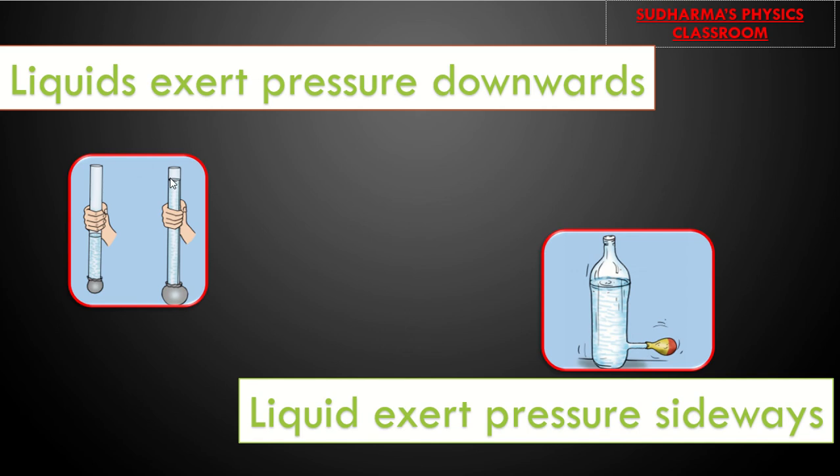Here the height of the water column is more, so the balloon is at a greater depth compared to the first situation. The depth from the level of the liquid is more, so the pressure is more in that case. So what do you understand from this experiment? Liquids exert pressure in the downward direction.